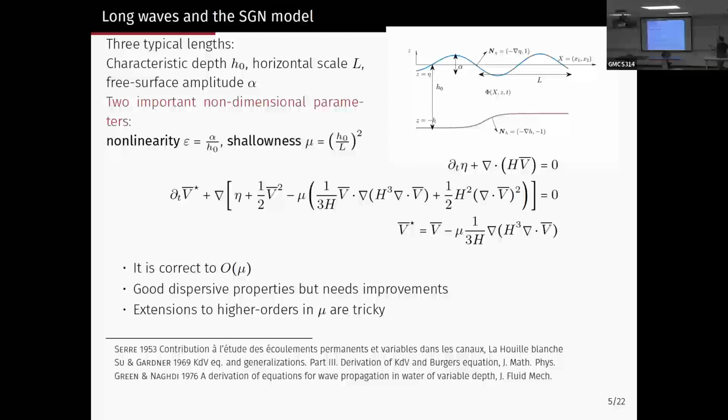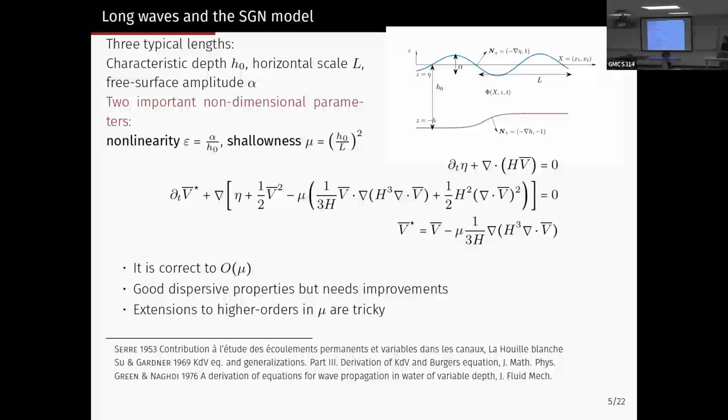And L, which is the characteristic wavelength. From them, we can introduce two dimensionless parameters. The nonlinearity, epsilon, which is the ratio of alpha over H0, and what we call shallowness, mu, which is the most important parameter for this presentation, the ratio of H0 over the wavelength. And we will assume that this is small, which means that the waves are long compared to the depth.